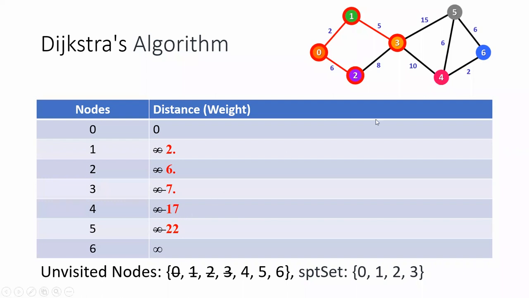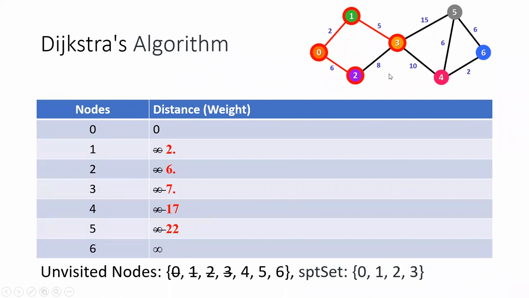Go to node 4, the distance from 0 to node 4 is 17. Go from 0 to 5 through node 3 is 22, because 15 plus 5 is 20, plus 2 is 22. Again, here we choose which one is actually the shortest, which is 4, 17.